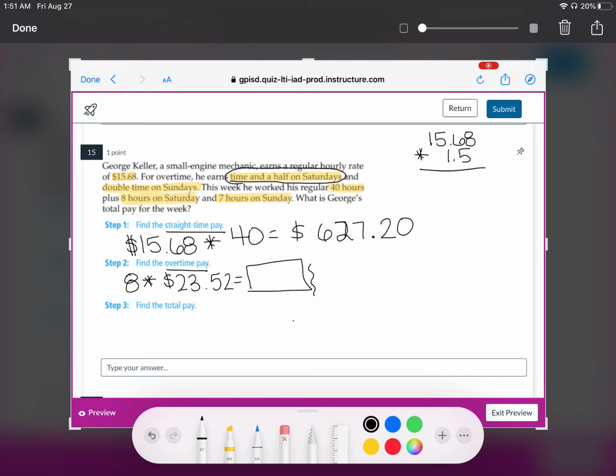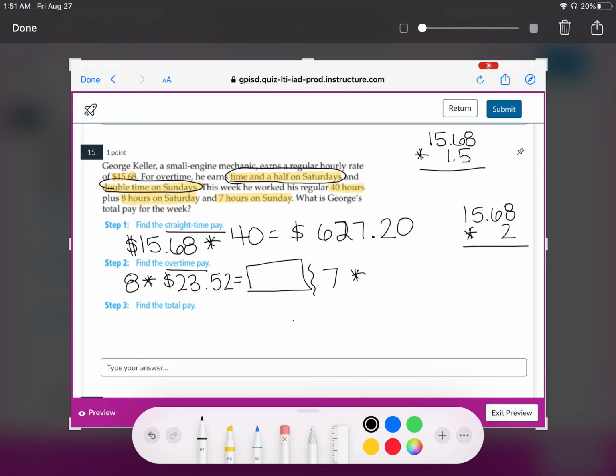Next, he also worked on Sunday. He worked 7 hours on Sunday. His overtime rate on Sundays is double time. So he gets double his normal amount of pay. You're going to take his pay rate and multiply it times 2 for Sunday.